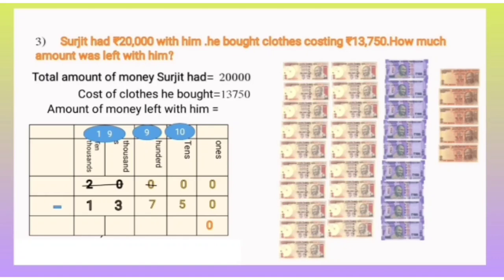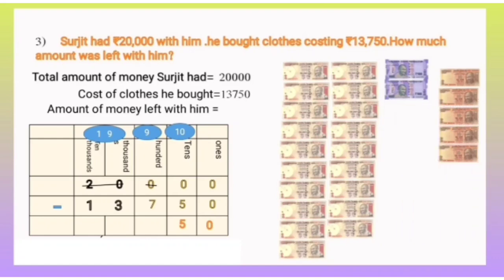Now on subtracting 7 from 9, for that we'll remove 700 rupee notes. And on removing 700 rupee notes, only 2 notes are remaining. So we'll write 2 in hundreds column. Now we'll remove 13,000 rupee notes because we have to subtract 13 from 19.